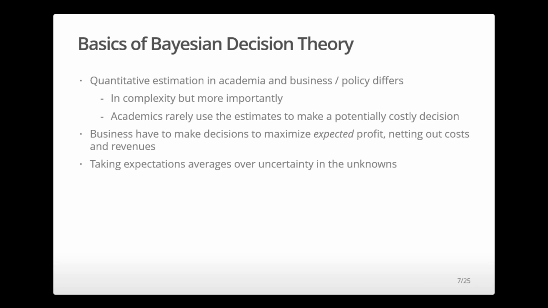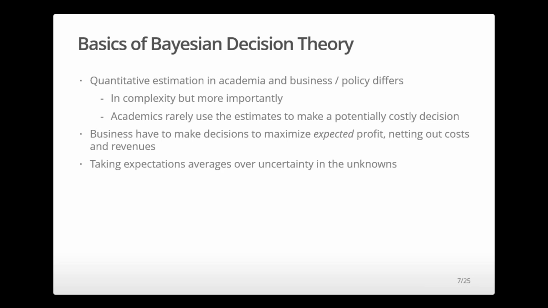The important distinction is that when you're doing academic research, you're rarely using those estimates to make some potentially costly decision, whether that's a business decision or a policy decision, what have you. Whereas businesses are using these estimates, these quantitative models, to make decisions that, for simplicity, we'll assume are intended to maximize expected profit.